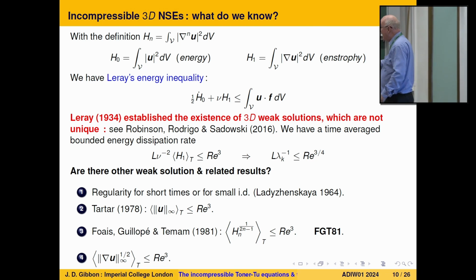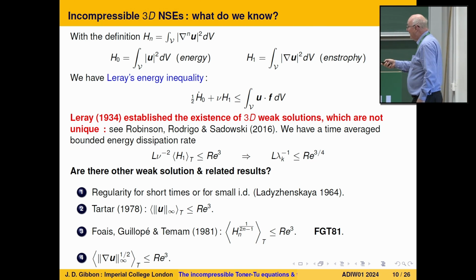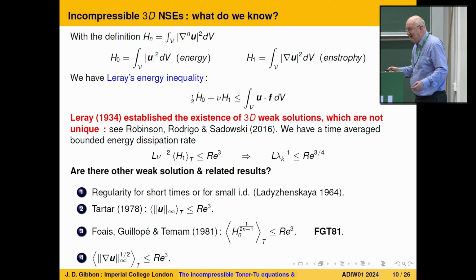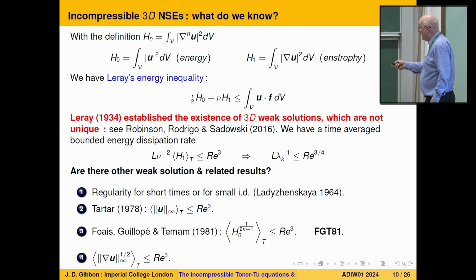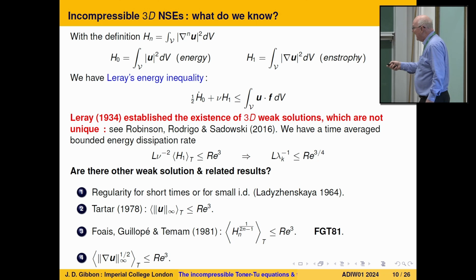Yeah. And then in 1978, Luc Tartar, a well-known French analyst, proved that the time average of U infinity, where U infinity means the maximum norm, point-wise, of the velocity field, and I've left out the L's and the N's, is bounded by Reynolds cubed, and that was a big surprise.